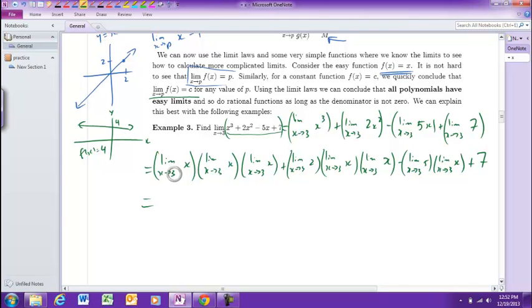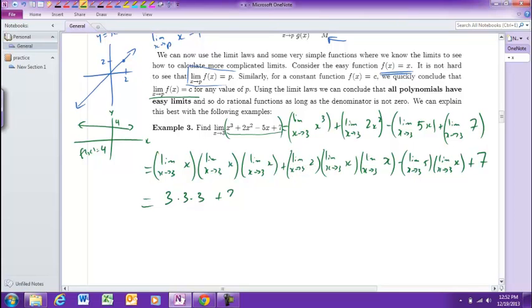What's the limit as x approaches 3 of x? Well, as we set up here for this particular function, f of x equals x, what you're getting out as your limit is just the value of the thing you're going to. So this one will equal 3, and that one will equal 3, and that one will equal 3. Now the limit as x approaches 3 of 2, this is now a constant function.